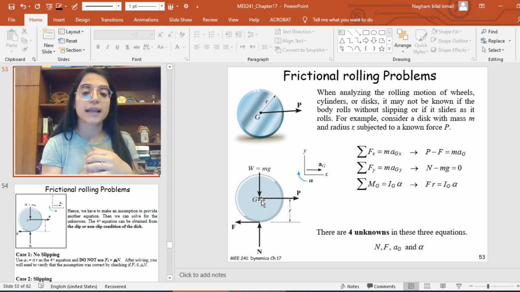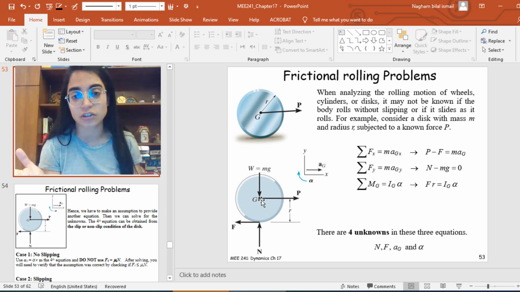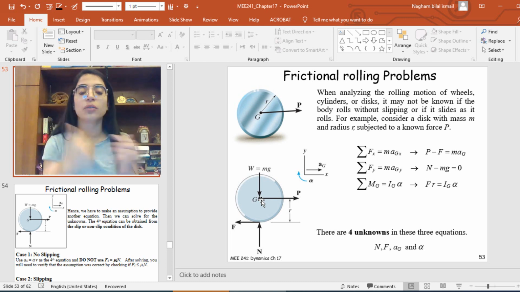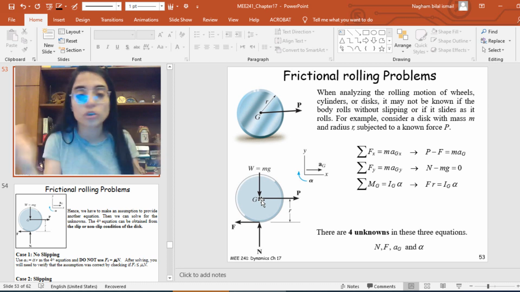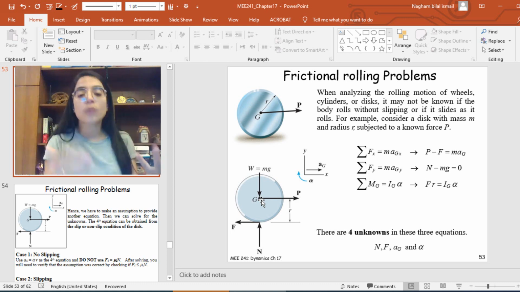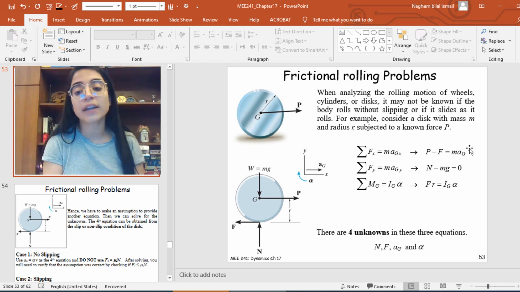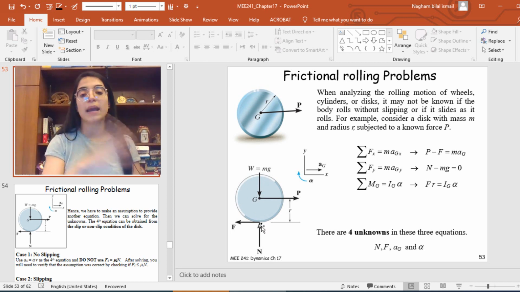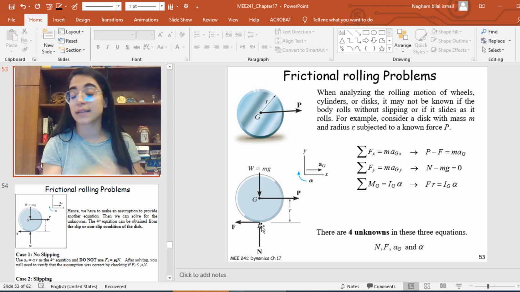But I know, guys, that the acceleration of the center of mass is only in x direction. So I don't have any acceleration in y direction because I don't have any motion in y direction. And that's why I can replace a_gx by a_g. Now what about the sum of forces in y direction? I have minus the weight, and I have plus the normal force. So N minus weight is equal to what? It's equal to 0 because I don't have a y acceleration.